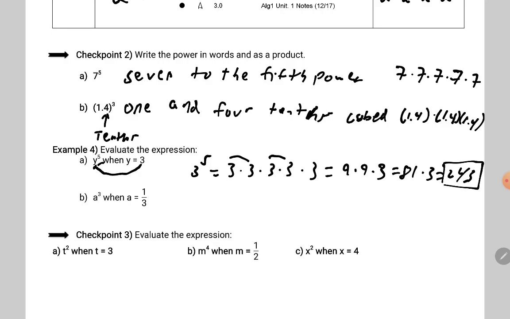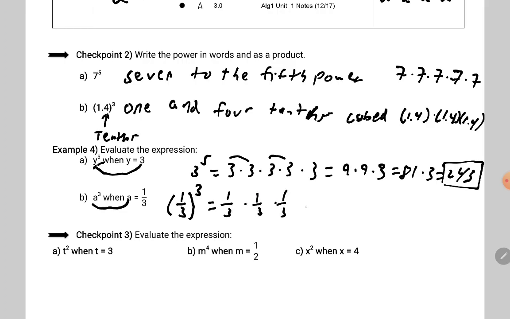A cubed when a is 1/3. Okay. So I replace a with 1/3. So remember, this is 1/3 in parentheses to the third power. Okay. So this will become 1/3 times 1/3 times 1/3.